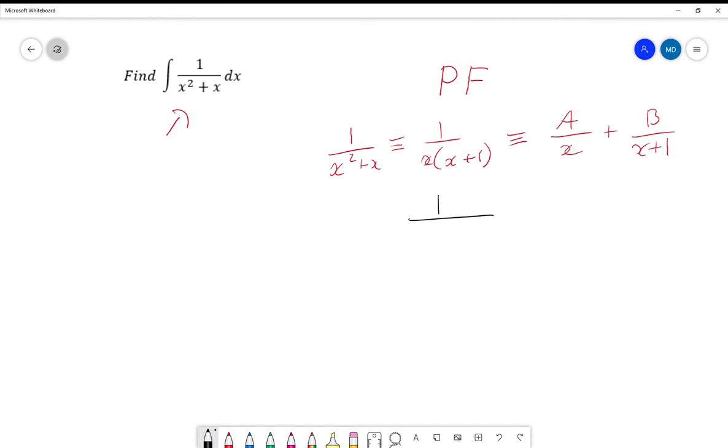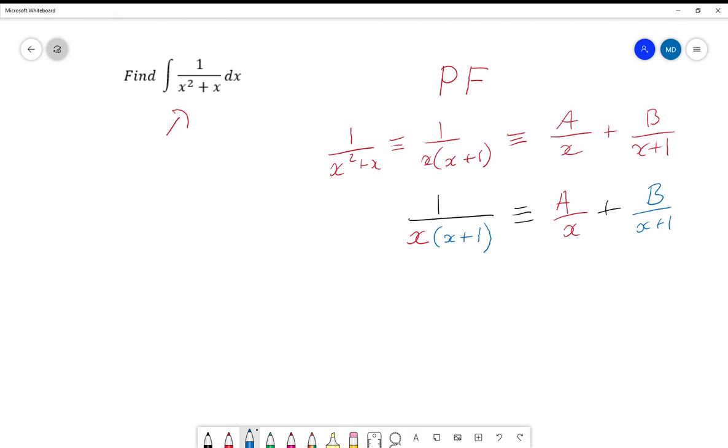So we've got 1 over x(x + 1), and we're saying that we want that to be equal to, or equivalent to, no less, A over x plus B over x plus 1.